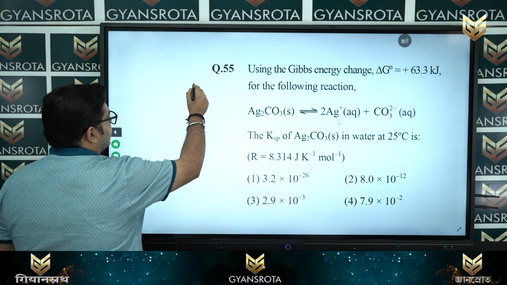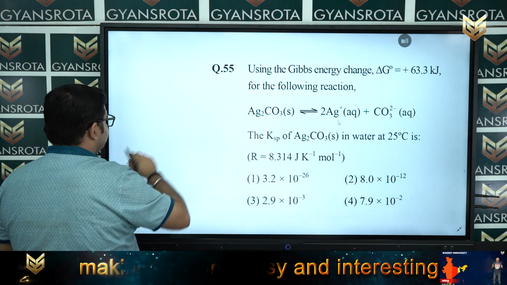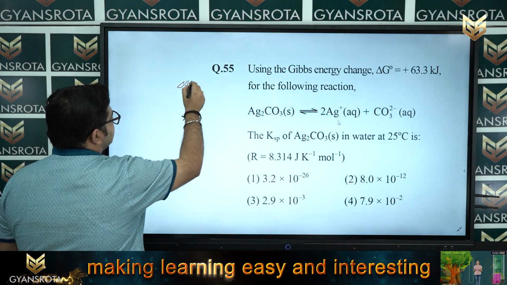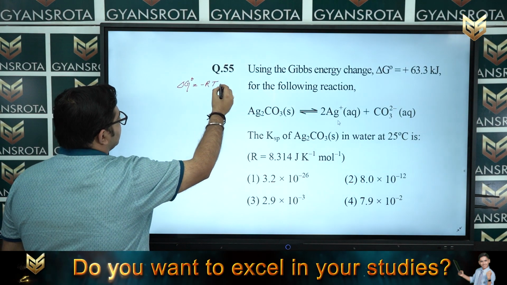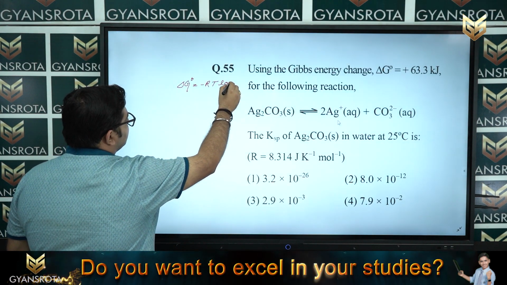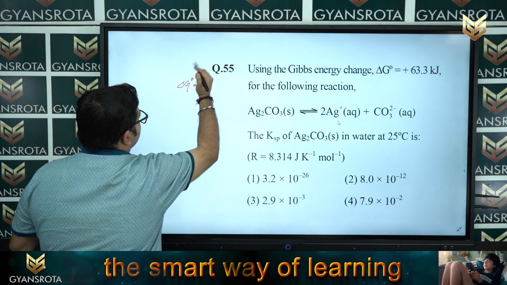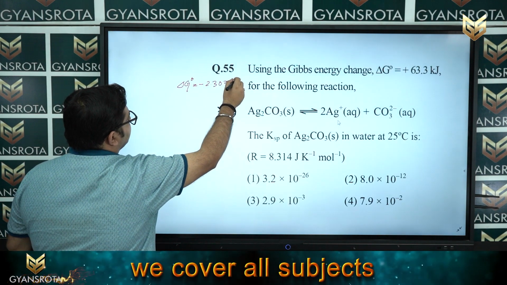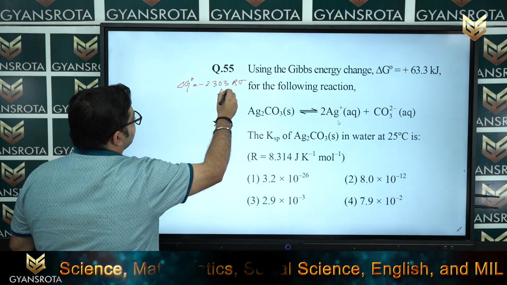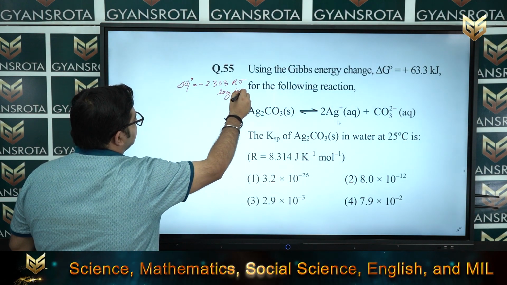For this we are going to use the equation delta G naught is equal to minus 2.303 RT log of KSP.